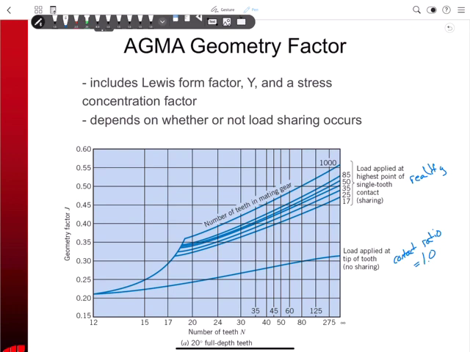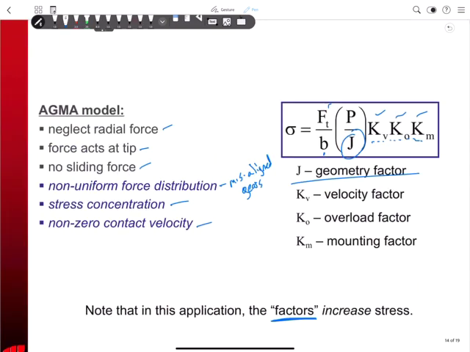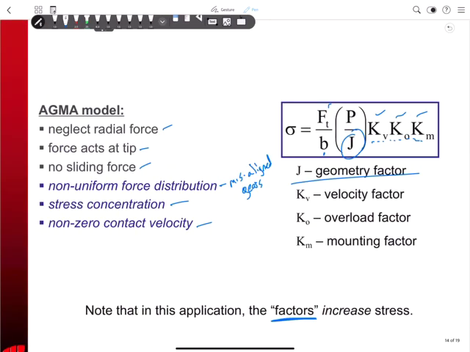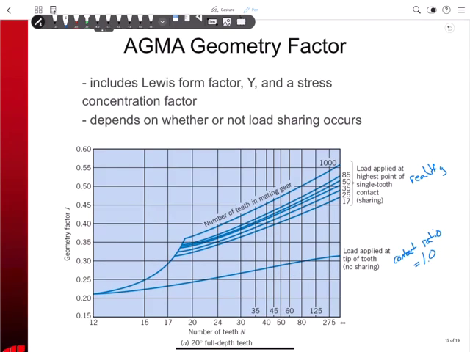Okay, so what does this do to the geometry factor J? Does this make sense? If there's load sharing, it increases my geometry factor. So what happens if I increase my geometry factor? Oh, it reduces the stress. This makes sense, right? Allowing the teeth to share the load increases the geometry factor and then decreases the effective stress.